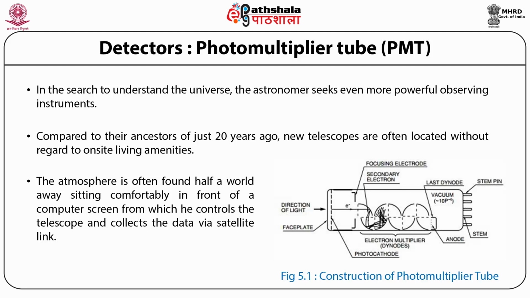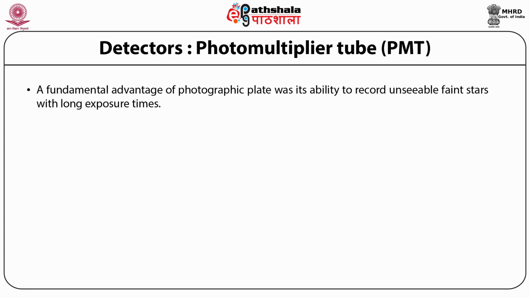However, its sensitivity, limited by physiological considerations and human subjectivity, placed serious limits on what could be discovered. The advent of photography in the last century was a monumental step forward. A fundamental advantage of the photographic plate is its ability to record unseeable faint stars with long exposure times.